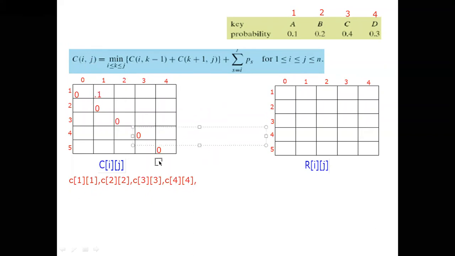Now, 0.1 I got due to which index value? The index value is 1. This is the index. I will write that one. They won't give it, you have to write it.